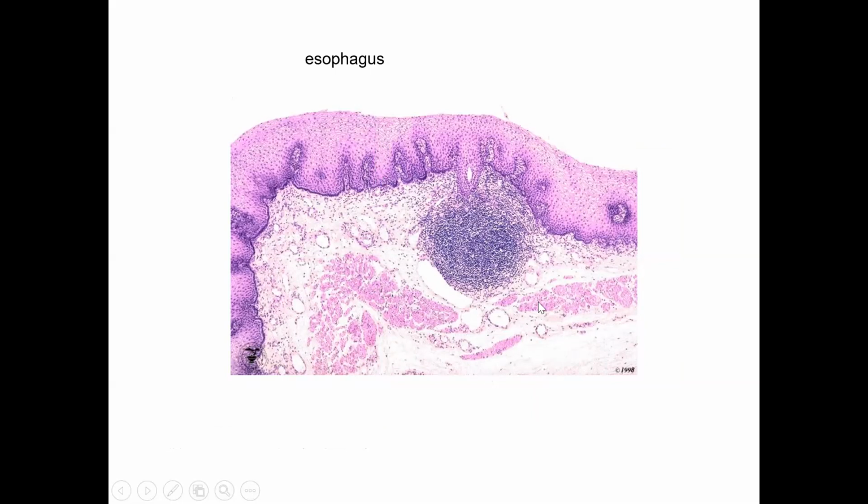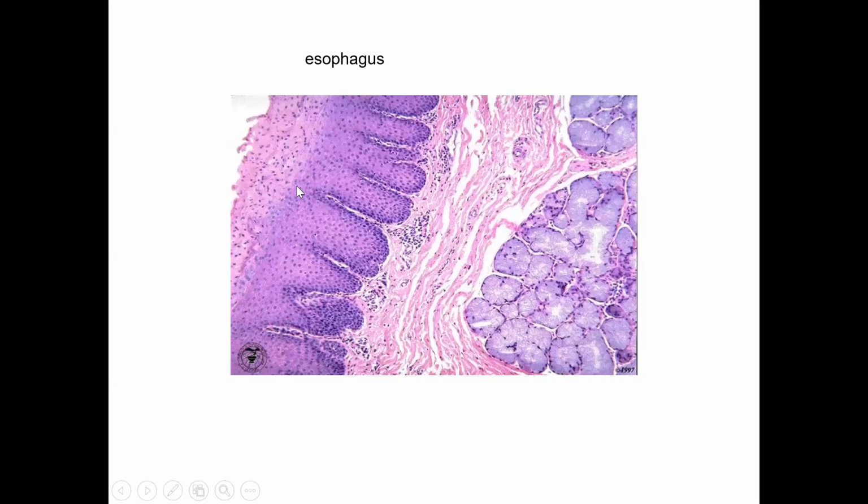Here you have a muscle layer, and here is the lamina propria, and you can see this big structure. This is the lymphoid follicle. Remember the lymphoid follicle: outside you have T cells, inside you have B cells. It's under the lining to detect any abnormal stuff running through this tubular structure.